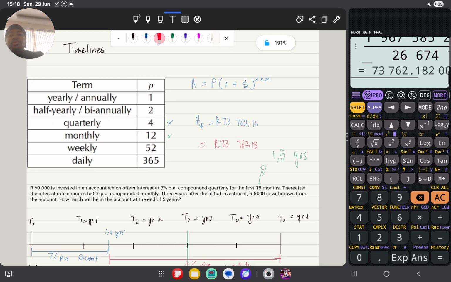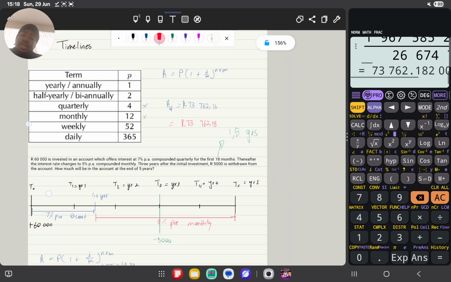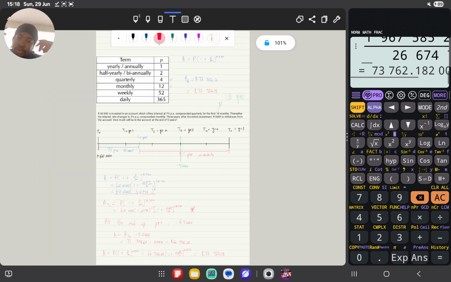Yeah, so I hope you guys did understand the logic with these kind of problems. What's very important is for you to draw your timeline so that you can actually see what is happening at what time. When you have that picture, your calculations become very easy.